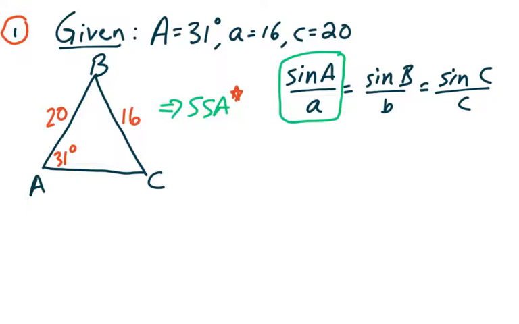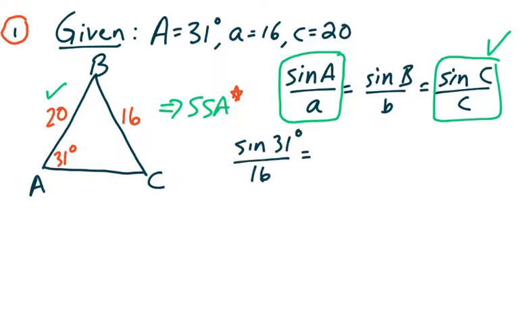And then I'm also given side C, so I have that in my equation. Maybe I can pair up these two fractions together. Here we go. Sine of A, which is 31, over side A, equals sine of angle C, which I don't know, so I'll leave it as C, over side C, which I do know is 20.